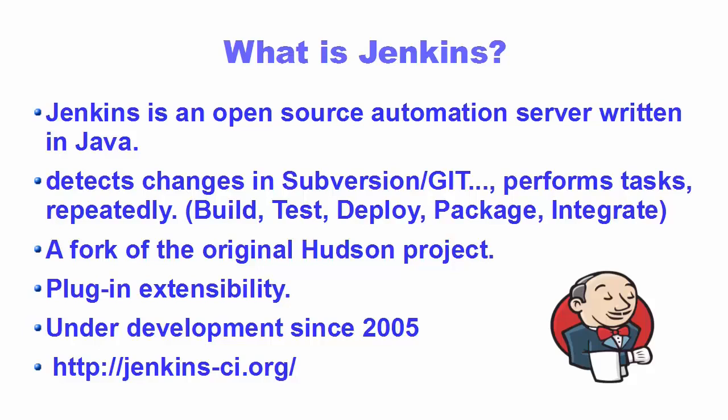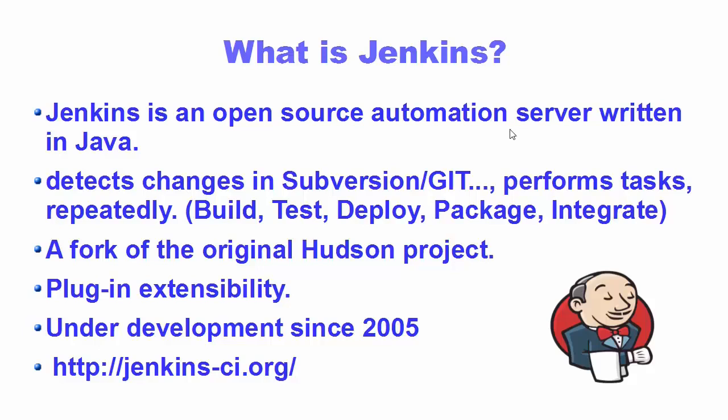Now, what does Jenkins do? Jenkins is used to detect the changes, whatever you commit using your version control system such as Subversion or Git or any other versioning system, and it performs some tasks on your code when it detects some changes in your code.